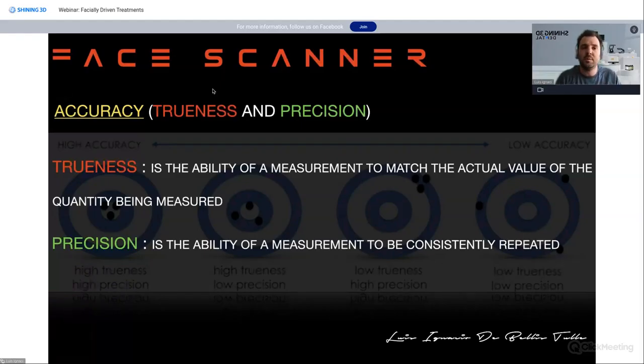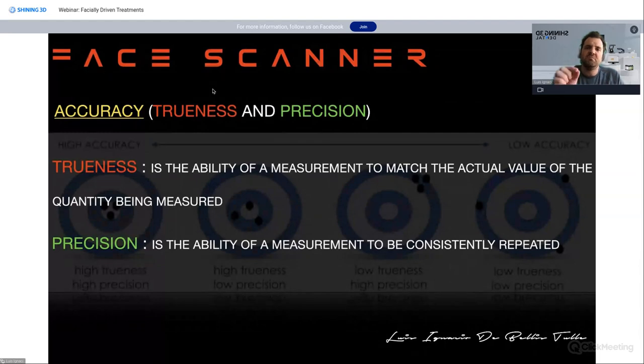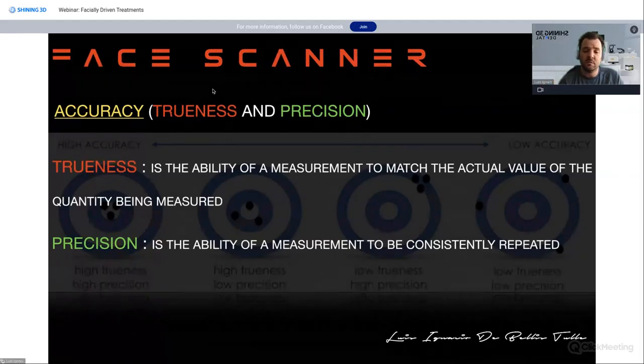And that's the problem of these cheap things, or also the problem of photogrammetry. I have to put some dots or markers on the face of my patient, and when I measure those markers, maybe I'm not going to be measuring the same every time.